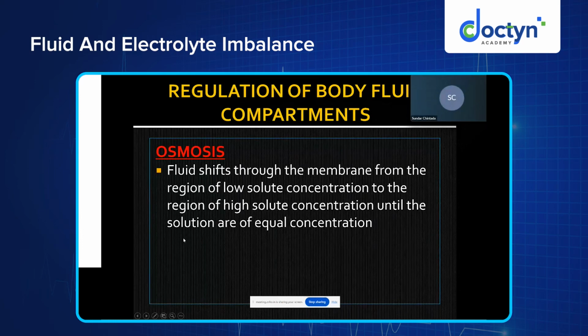When we talk about the regulation of body fluids and compartments, you have to understand two or three terms related to the compartments. The first is osmosis. What is osmosis? It is any fluid shift through a membrane, from the region of low solute concentration to the region of high solute concentration, until the solutions are of equal concentration on both sides.